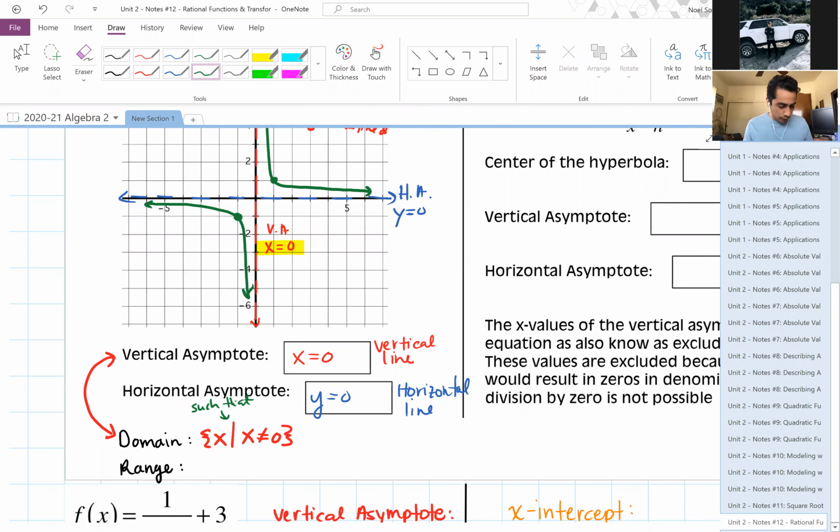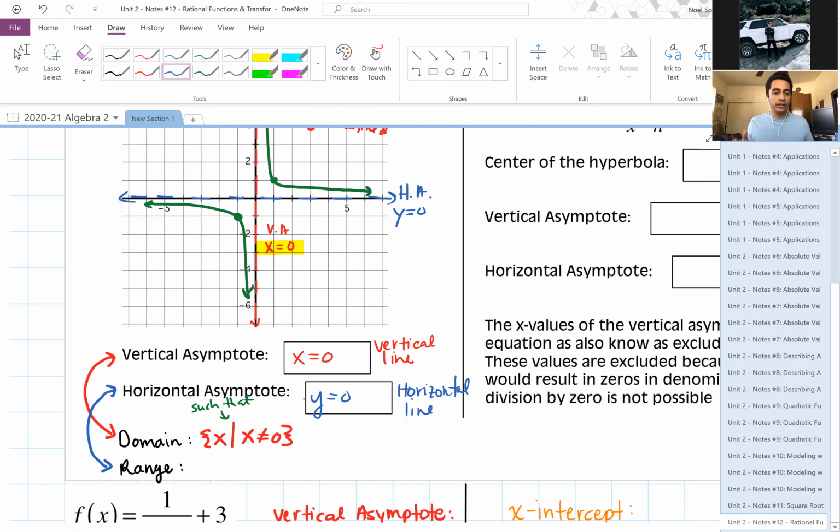All right. So vertical asymptote and domain are related. And then horizontal asymptote and range are related, right? So if I have an asymptote at y equals 0, what do you think my range is going to look like? Correct. It's backwards now because it's easier to think of what we can exclude instead of what we can include.